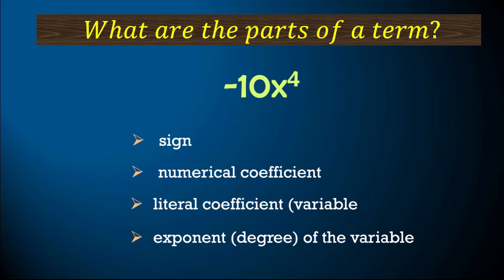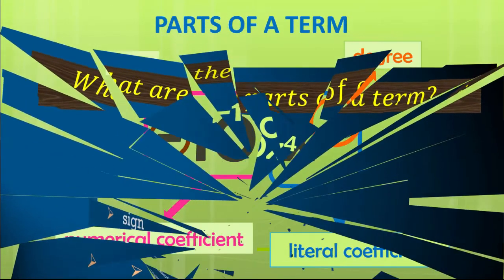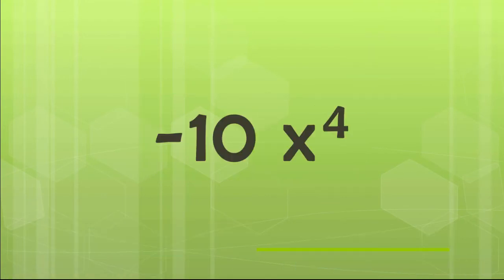Now let's look closely at the parts of this given term. So we have the term negative 10x raised to the fourth. This negative sign here is our sign.